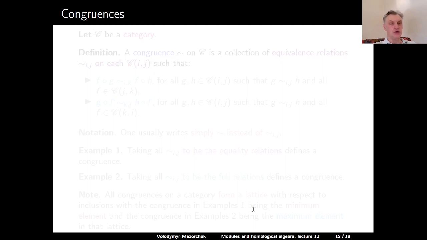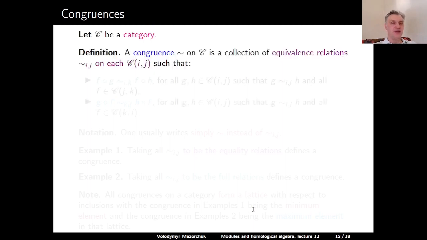Next, let us talk about congruences on categories. Let C be a category. Definition: a congruence ~ on C is a collection of equivalence relations ~ij on each C(i, j) such that for all morphisms g and h from i to j and all morphisms f from j to k, the fact that g is ~ equivalent to h implies that f after g is ~ equivalent to f after h.